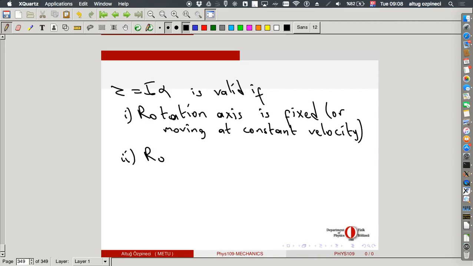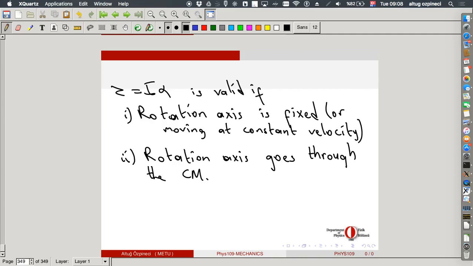And two, the rotation axis goes through the center of mass. In these two cases, we can still use this relation between the torque and the angular acceleration.